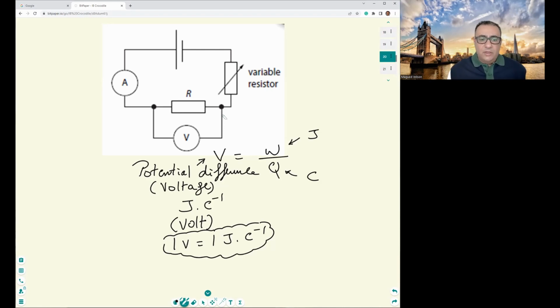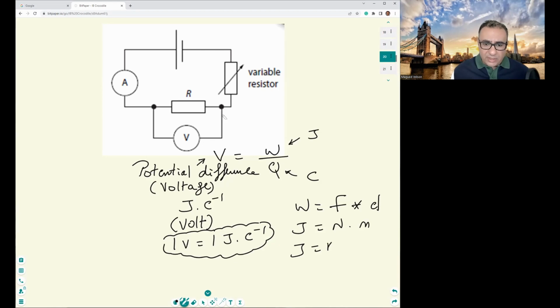No problem. We remember work done is force times displacement, the product of force and displacement, right? Force is in Newton, displacement in meter. So we can say Joule is equivalent to Newton times meter. But then force is what? Force is mass times acceleration according to Newton's second law.